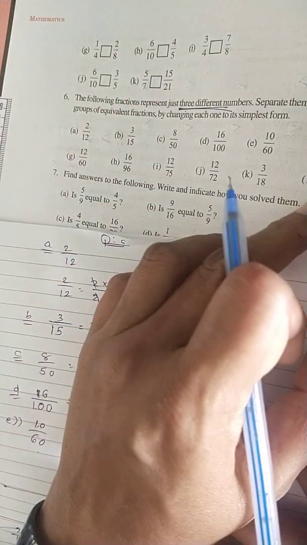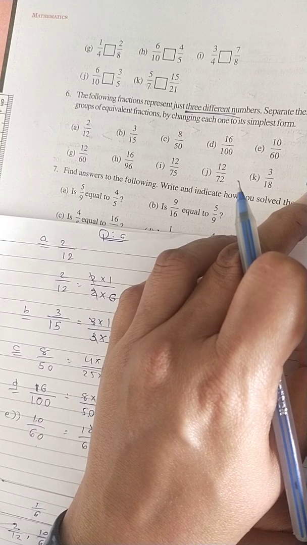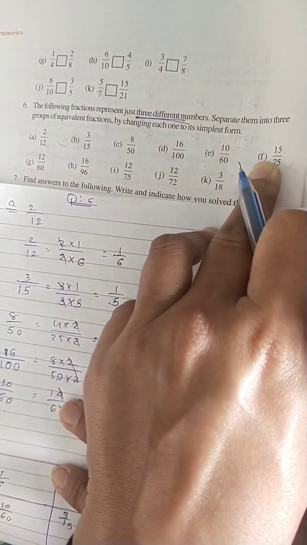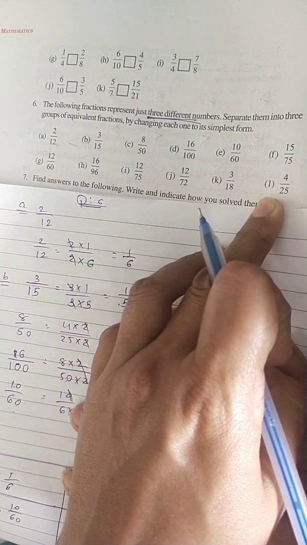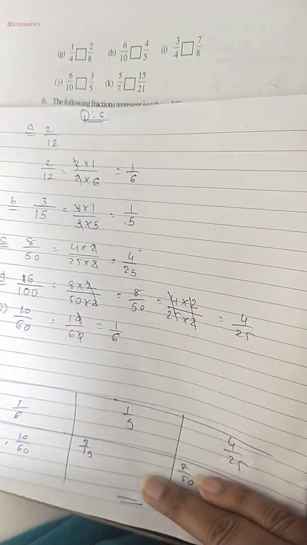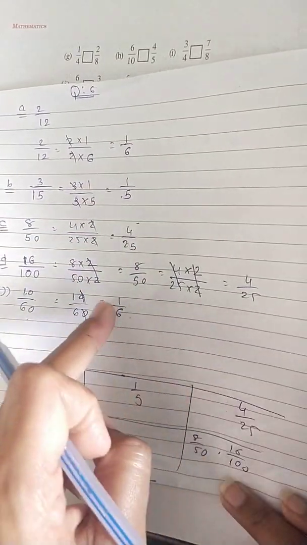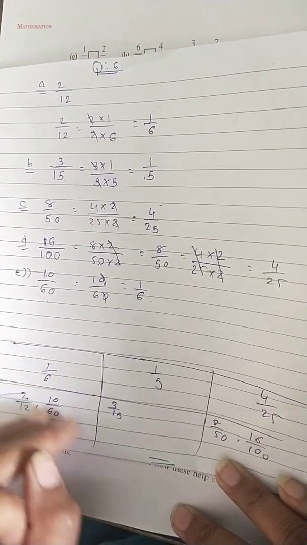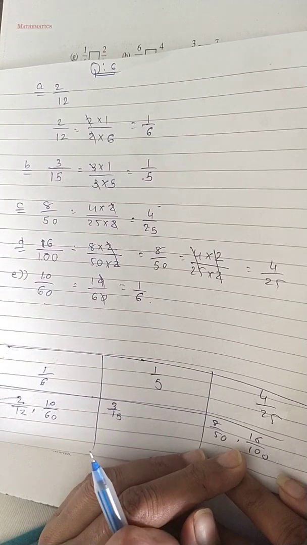So same way students, you have to try till L. F to L, you have to try to do by yourself. First you have to cut into simplest form, and then whatever answer you got in simplest form, you have to put under the representing value 1 by 6 or 1 by 5 or 4 by 25.